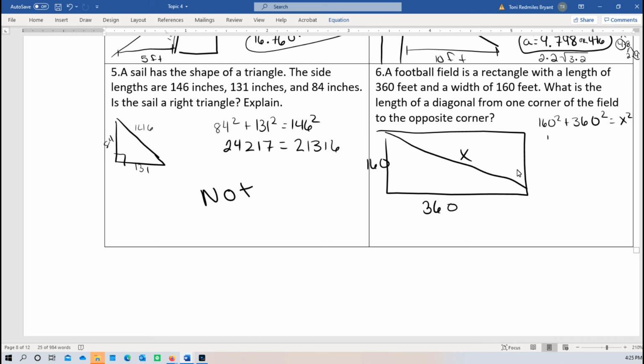All right, and this side, on the left side, we're going to get 155,200 equals x squared, square root both sides. And we get 393.95 approximately.